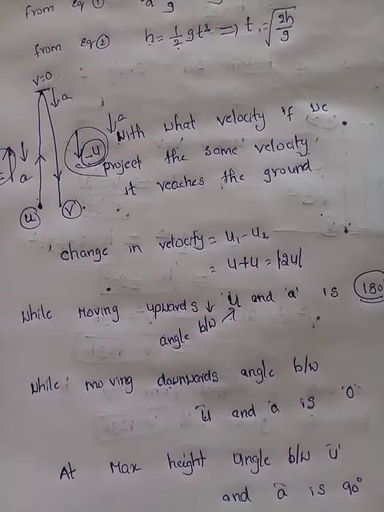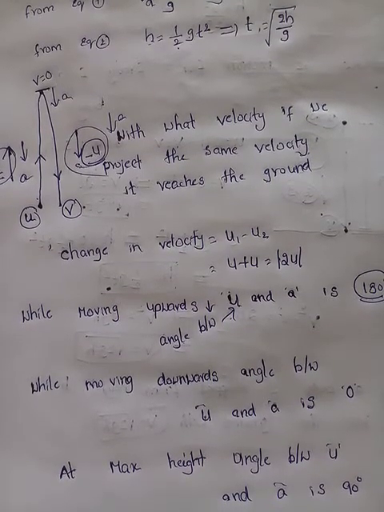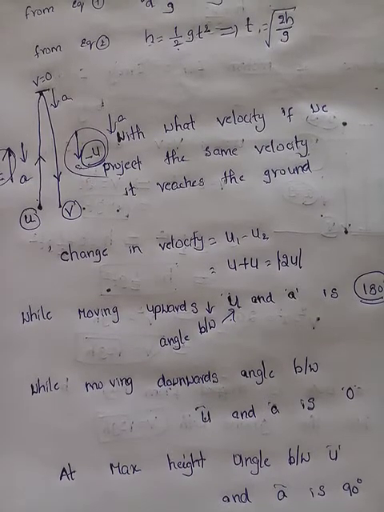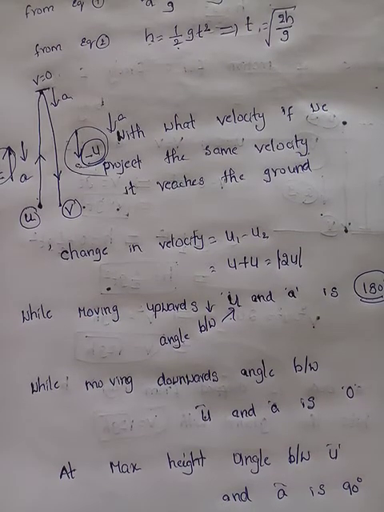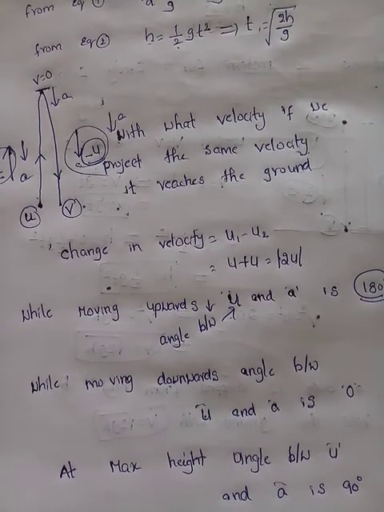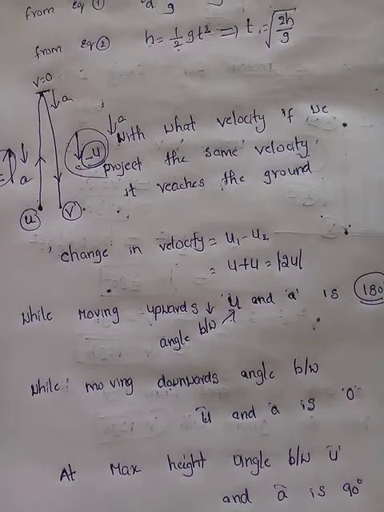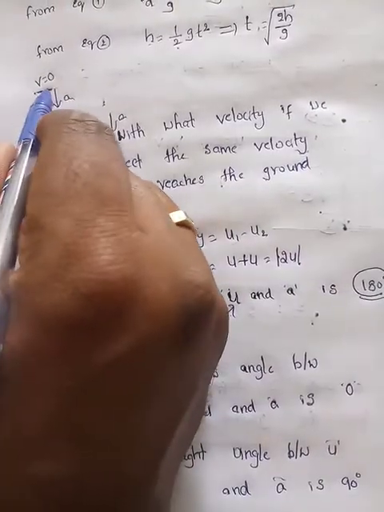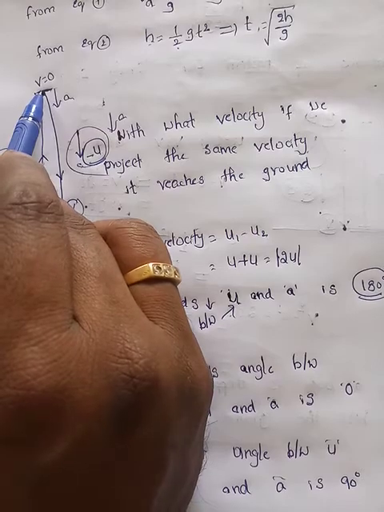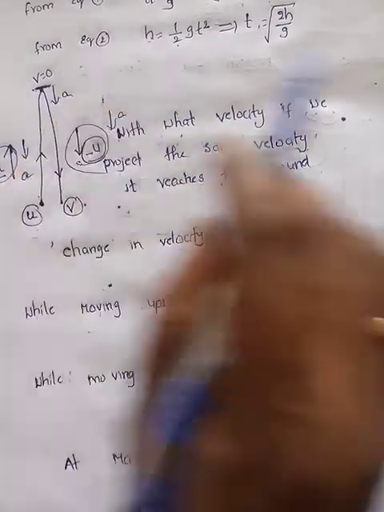So give an example for a body having acceleration but zero velocity. Understood the question? Give an example for a body having velocity 0 but acceleration should be there. Is it possible? Yes. Where? At the maximum height of a projectile, velocity is 0 but it has acceleration.